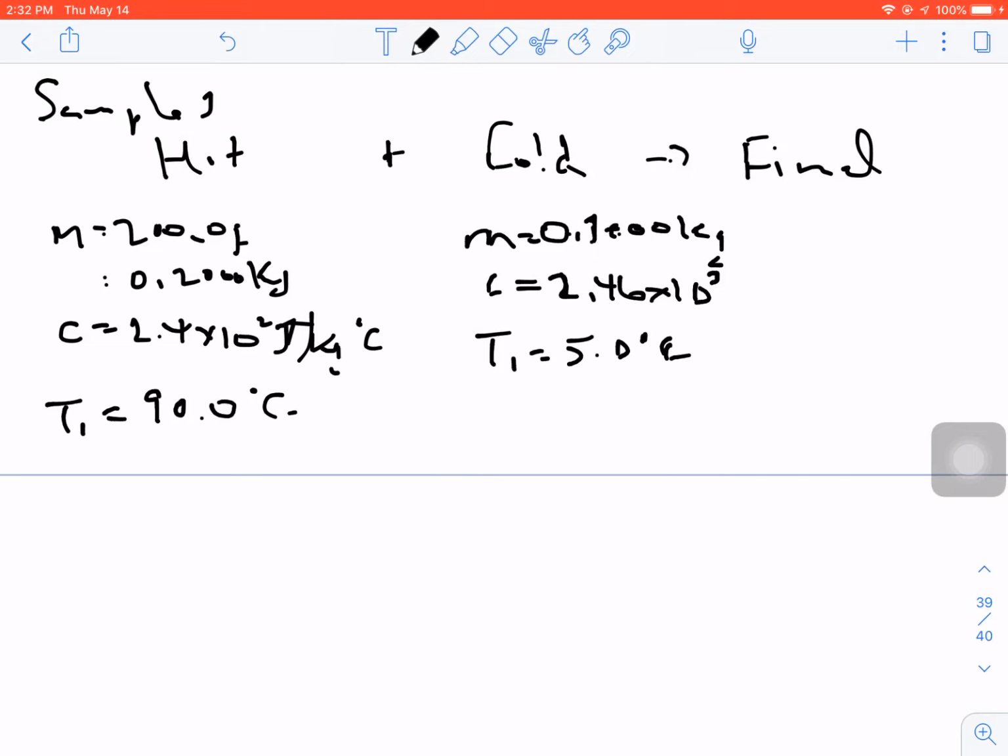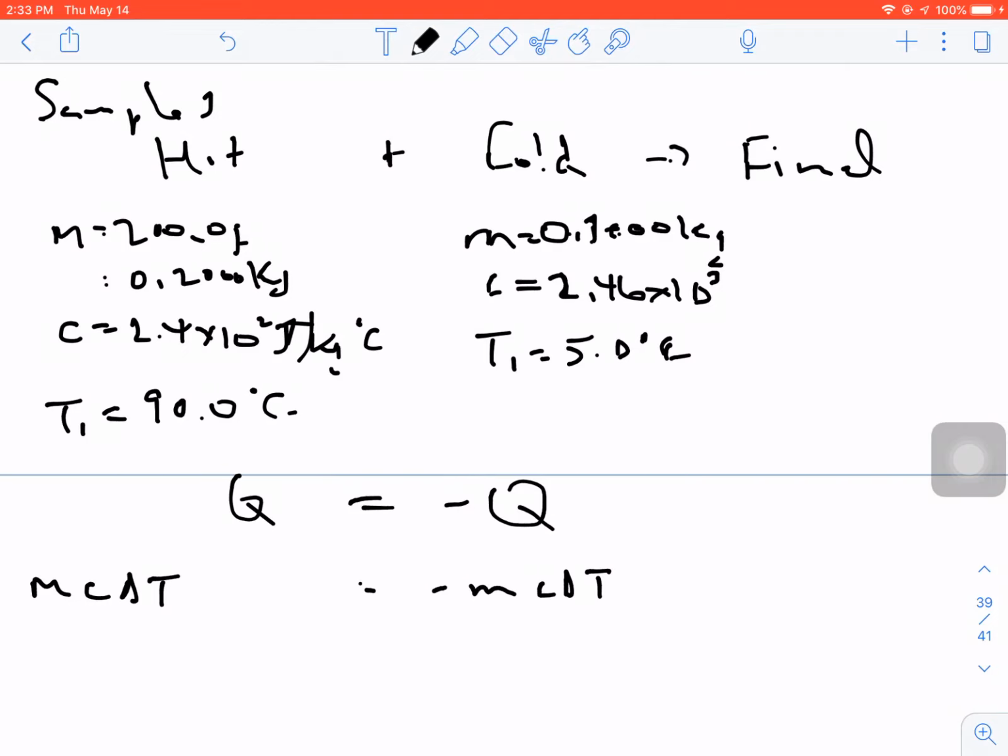So I'm going to say, what if I set this up in a way that Q on hot is equal to the negative Q cold. So I'm going to take my MC delta T here equals negative MC delta T for the cold.